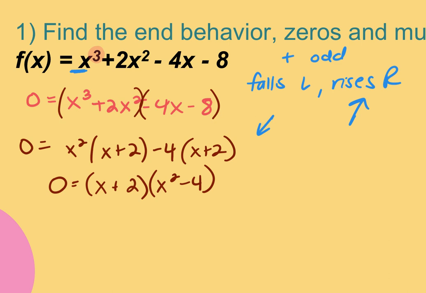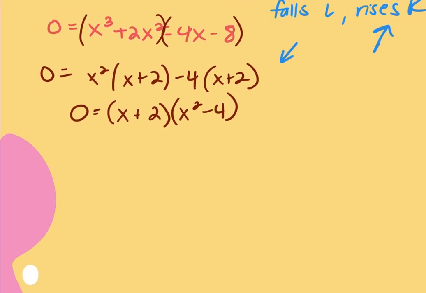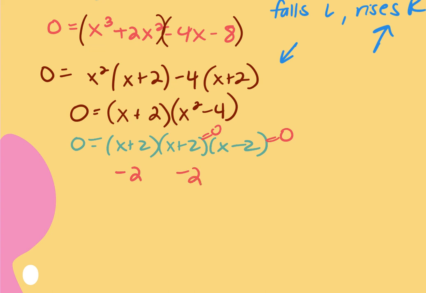Am I done factoring? No, because that x squared minus 4 is x plus 2, x minus 2. Good. So I solve each of these and I get -2, -2 again, and +2.